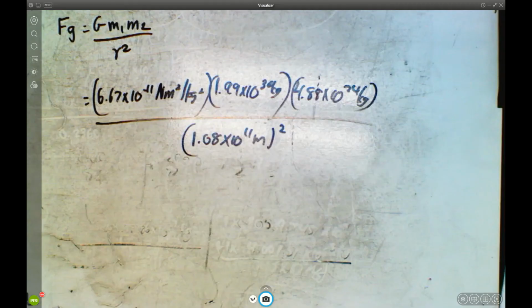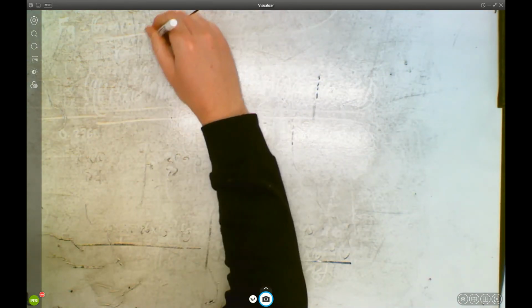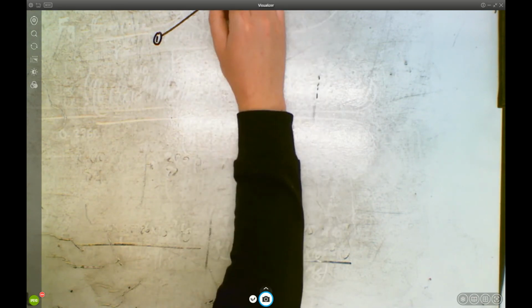Okay, so let's switch over to this screen here. Let me just draw on what we did there. So we have point P, and we have object 1, object 2.